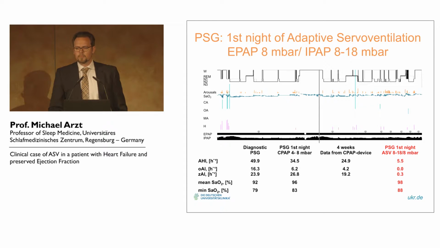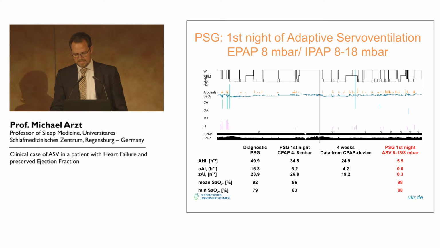There is a time component. When we apply CPAP over time and keep reducing obstructive sleep apnea, the regulation of ventilation adjusts to the new situation, and usually the central apneas go down a little bit over time.